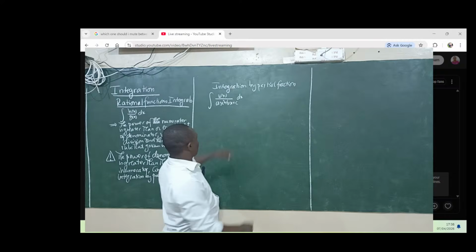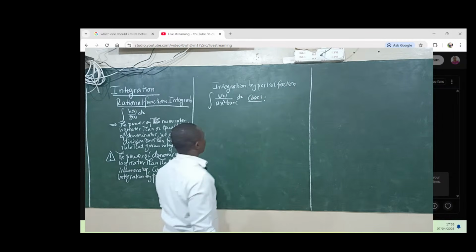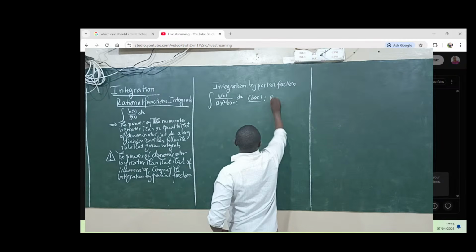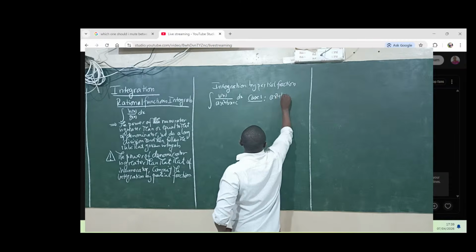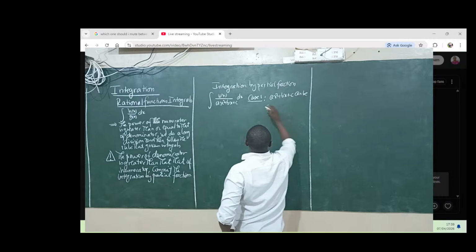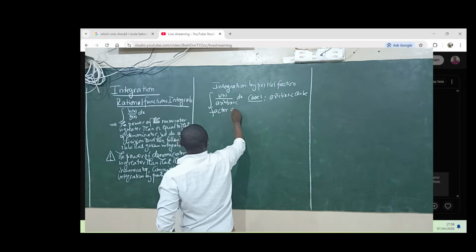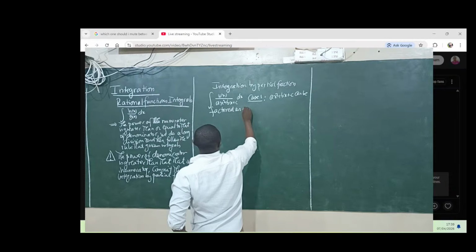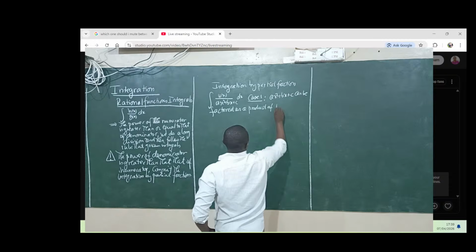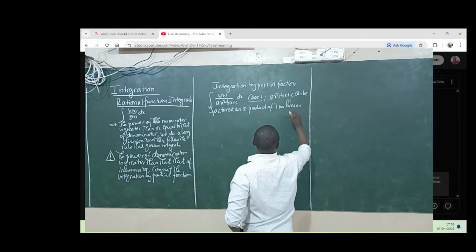Case 1: we are going to see if ax squared plus bx plus c can be factored as a product of two linear factors.